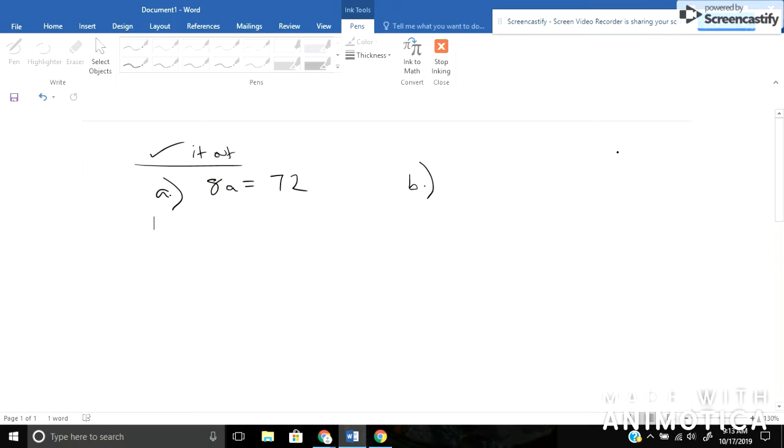Let's do one similar to that word problem. So the area of a rectangle is 48 square inches. Its width is 6 inches. What is its length?